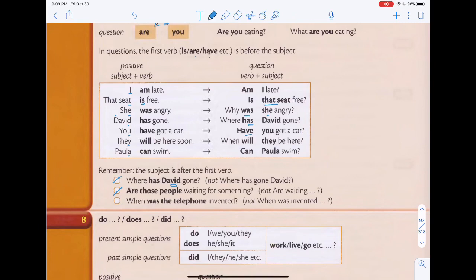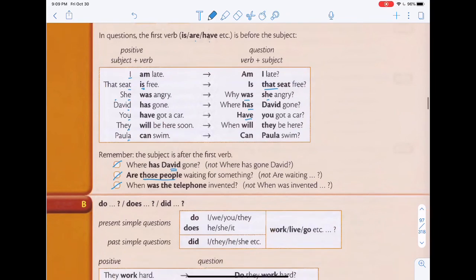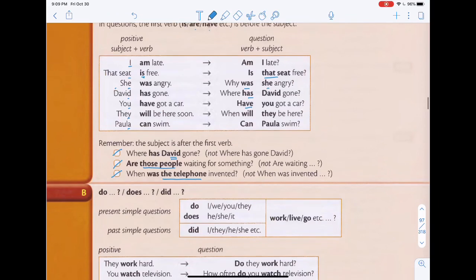Are those people waiting for something? So here, the subject is those people. When was the telephone invented? All right, the subject is the telephone. When was the telephone invented?